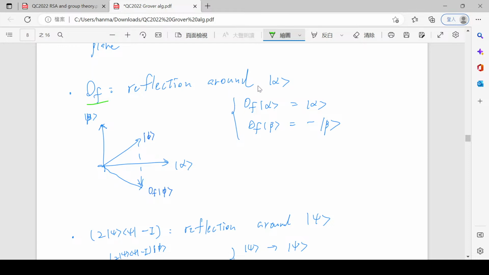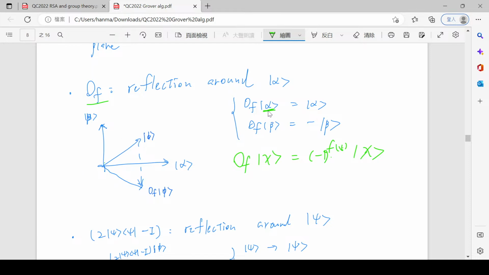And what does the oracle do? Oracle does OF of x equal to -1 to the f of x. So if f of x equals 1, then you get a minus sign. And if f of x equals 0, then nothing changes.